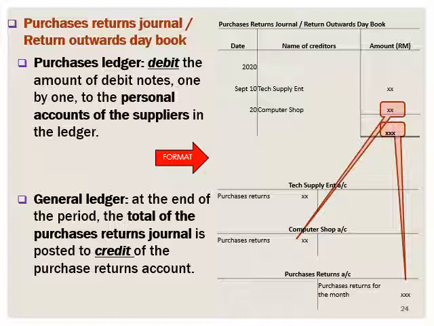So the amount of the purchases return will be debited in the Tech Supply Enterprise T account and also debited in the Computer Shop personal T account. Whereas the total purchases returns for that month will be transferred to the credit side of the purchases returns T account.